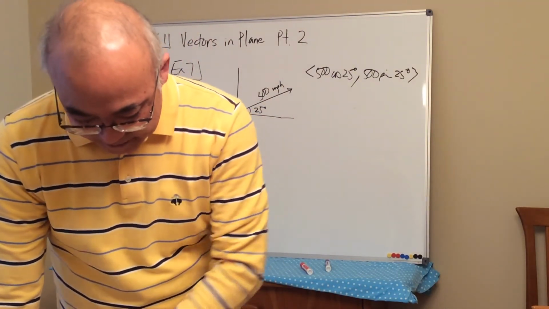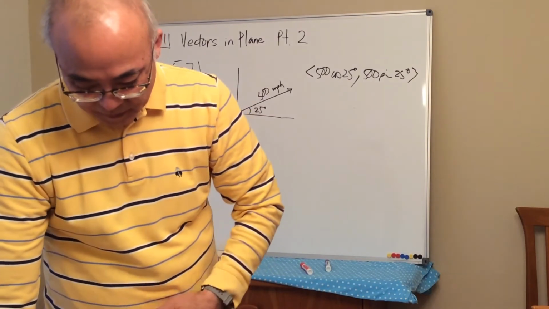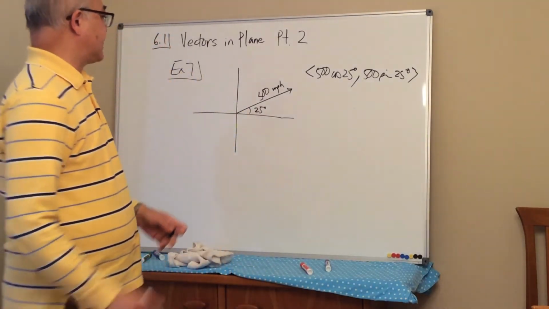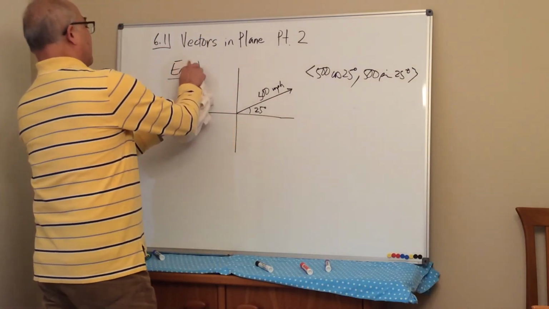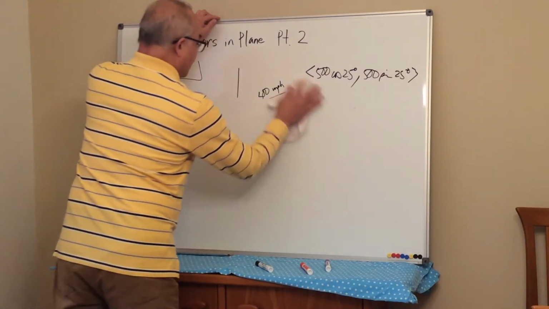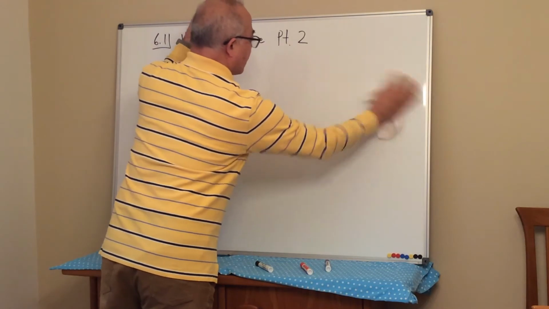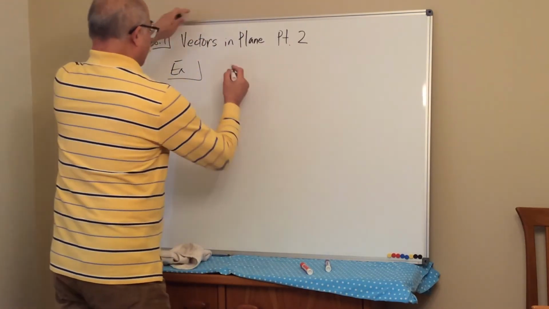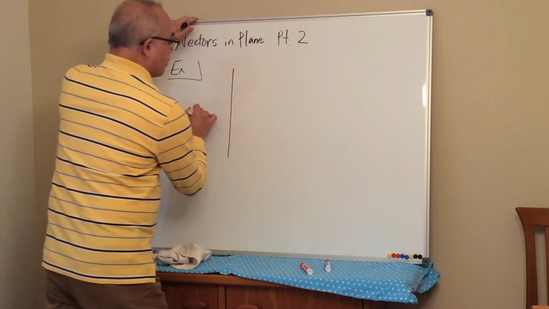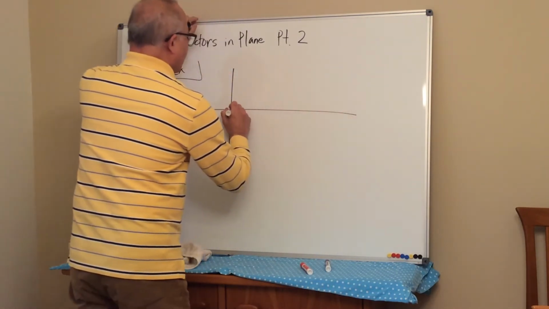So that's that. Now it's pretty simple. Example number 8. In example number 8, we have a plane that is flying from San Francisco, but it's flying into a wind.